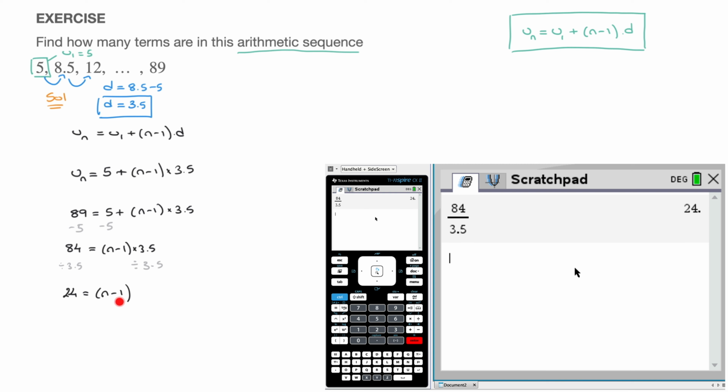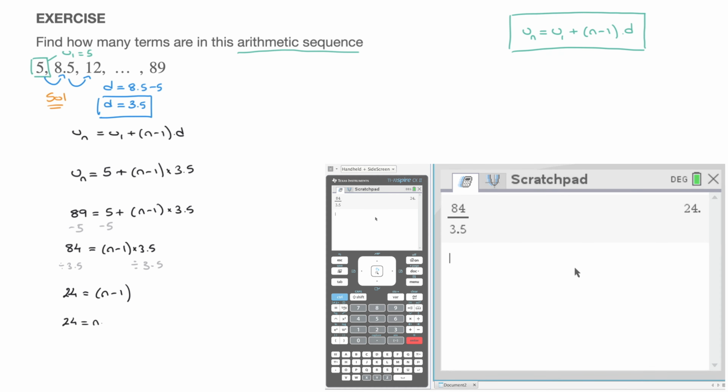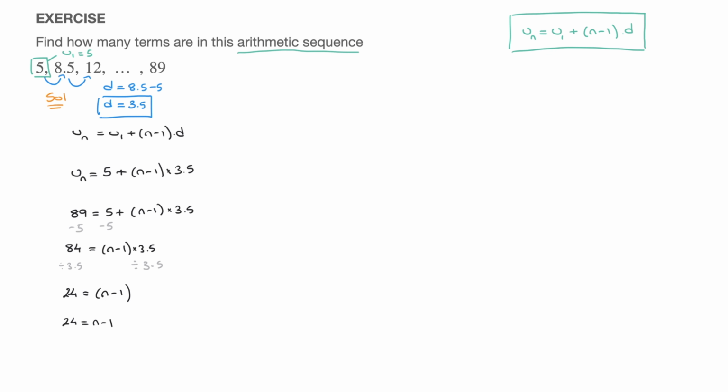But now that we've gotten rid of that 3.5, this pair of parentheses serves absolutely no purpose whatsoever. So we can get rid of them, and we can state that 24 is equal to n minus 1. And finally, adding 1 to both sides of this equation leads to 25 equals n. Or rather, n equals 25. And we're done.